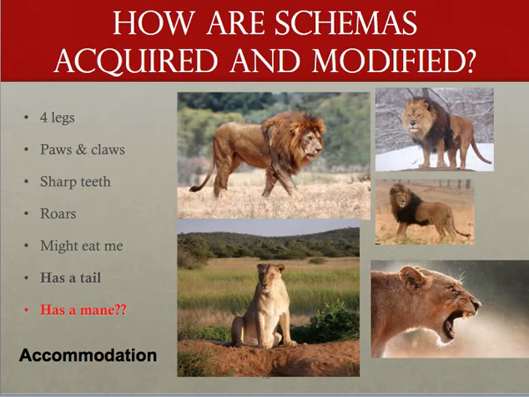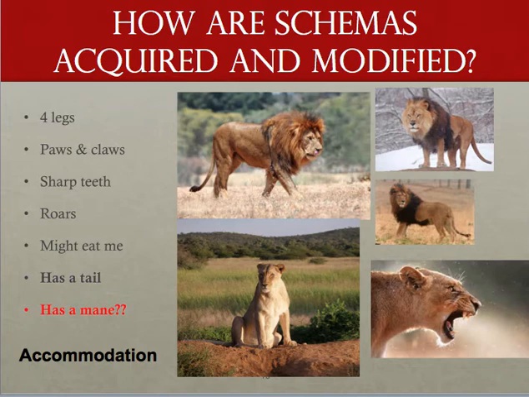Some schema changes, though, are not so simple. You look at the evidence and you realize you can't just add or assimilate the new information into the existing schema. For example, we can't just say, oh yeah, some of the lions I've encountered have manes, and so therefore all lions have manes. This is not true in the case of manes, as it is with the tail.